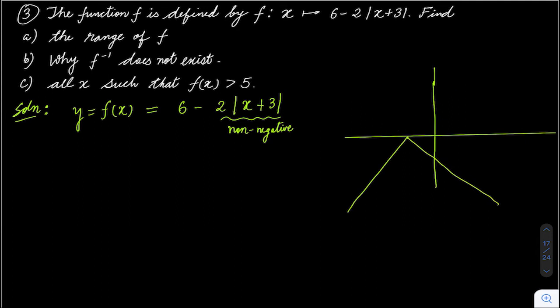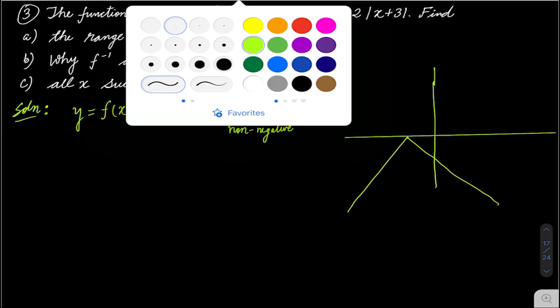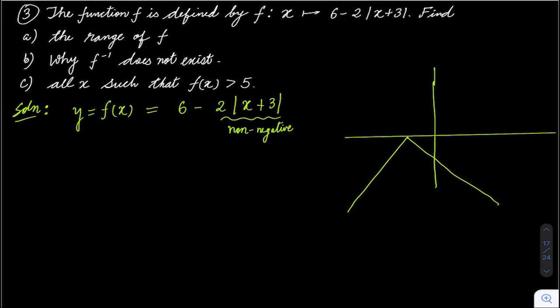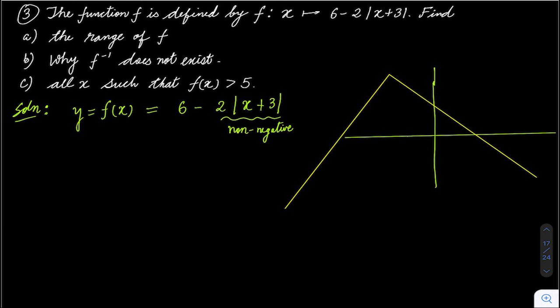And then if you add 6 in this, the whole graph moves vertically upwards by 6 units. So my graph will be like this. I hope the transformations are clear. So this is actually my graph. See how easy this is?